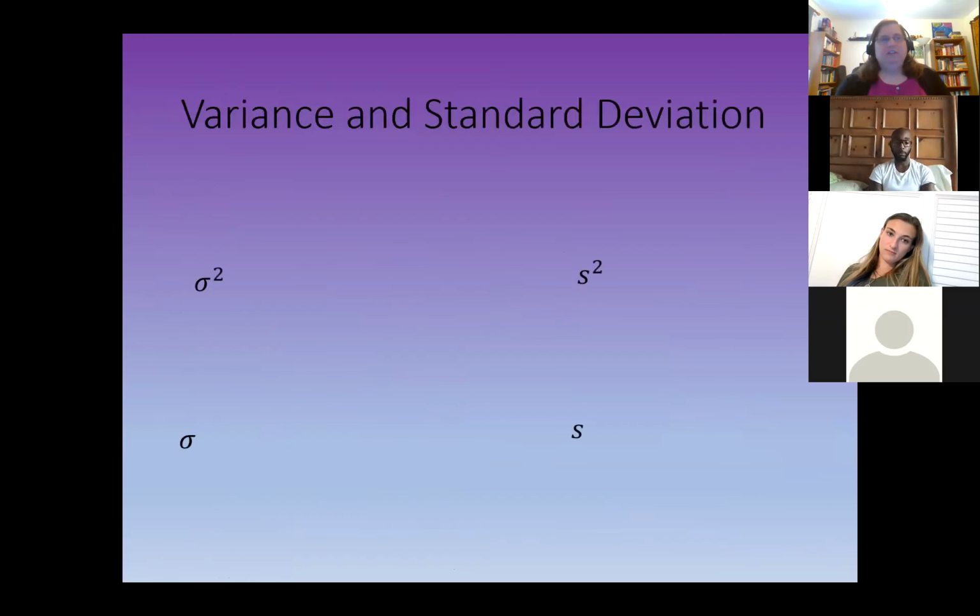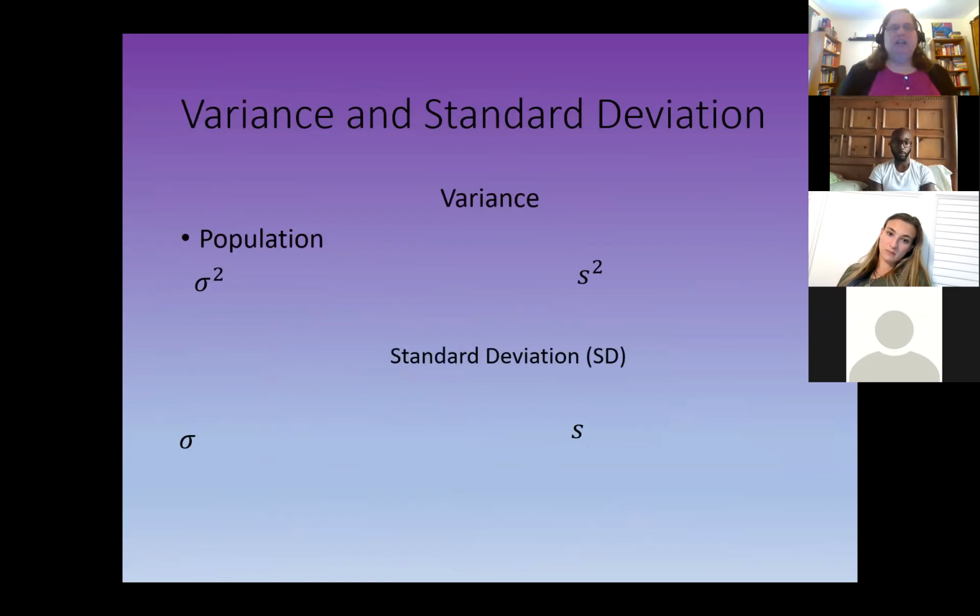All right. So I want to show you the symbols that you might encounter for variance and standard deviation in journal articles and what have you. And these are them. Variance in the population is sigma squared. Standard deviation in the population is simply sigma.